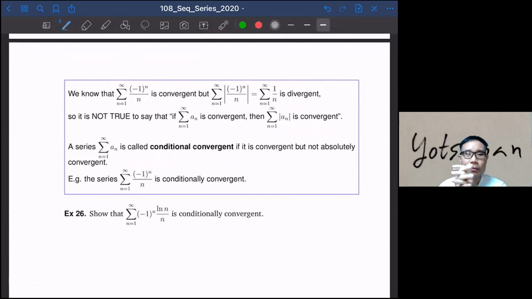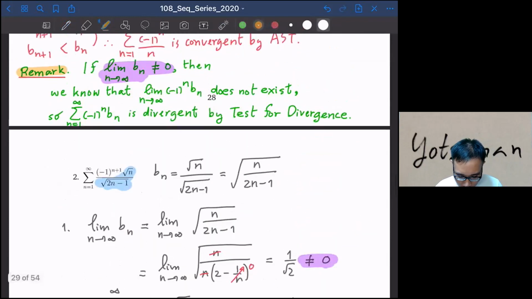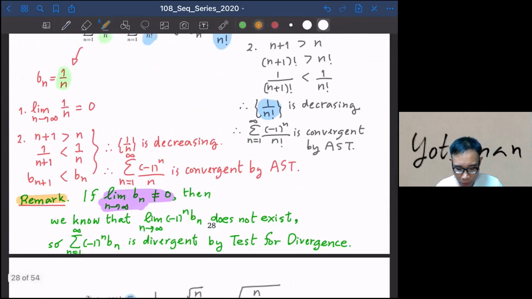However, we have shown in this example that the series sum from n equals 1 to infinity of (-1)^n over n is convergent. I would say it's example 23, number 1.